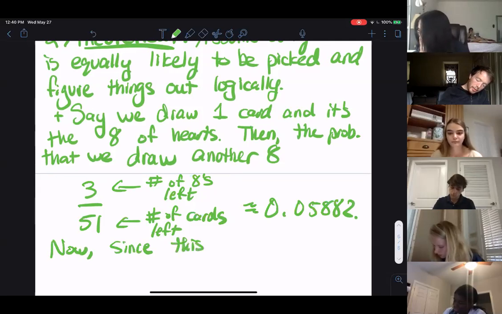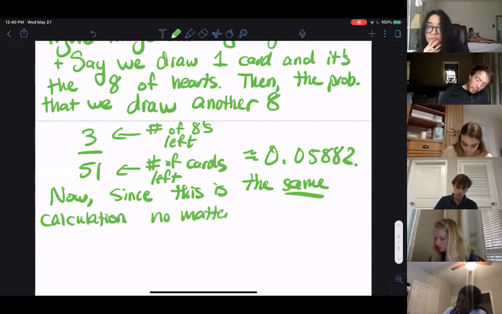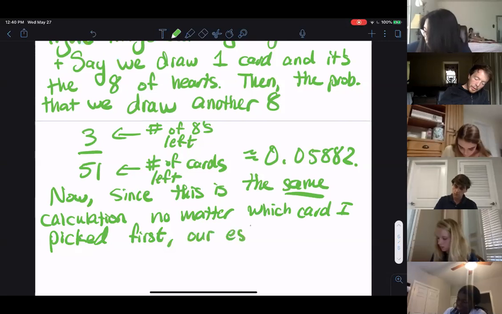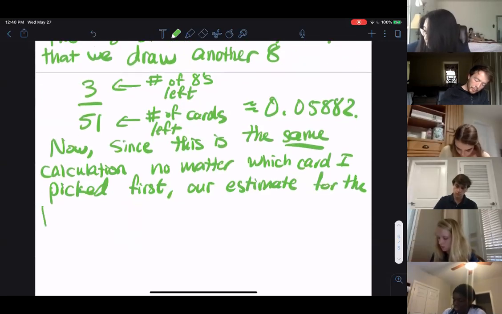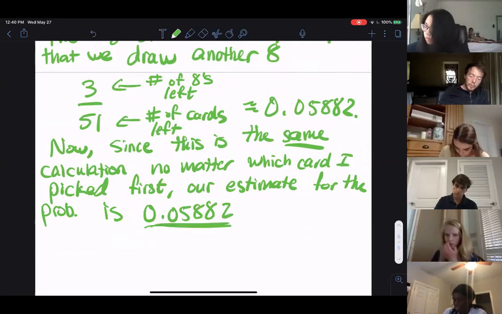Now, since this is the same calculation no matter which card I picked first, our estimate for the probability is 0.0588. So it didn't matter.